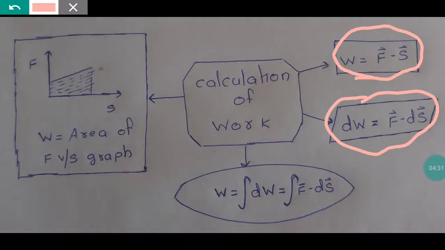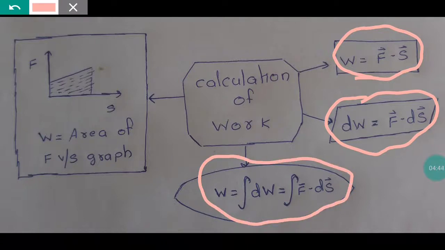Now the third technique. In the second technique, you learned how to calculate the small work done. Now, to calculate the huge work done by using variable forces, or to sum up the total work done, the total work done is the integration of small work dones.